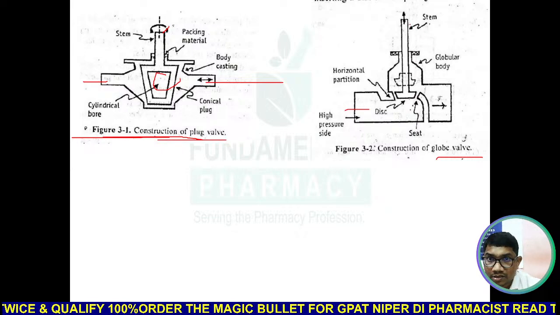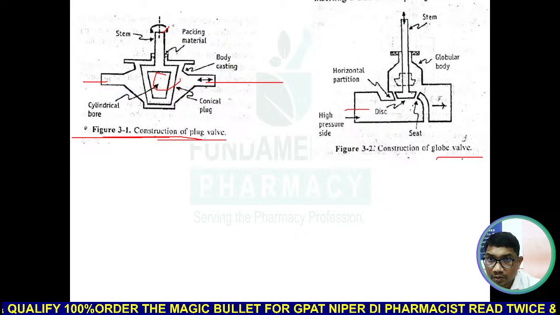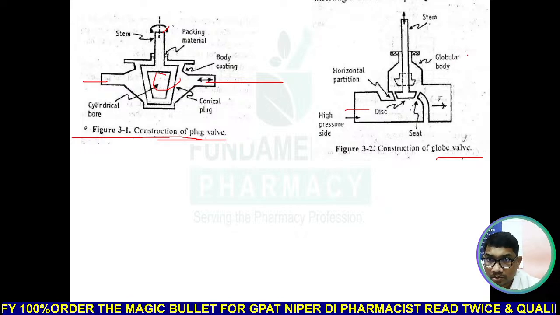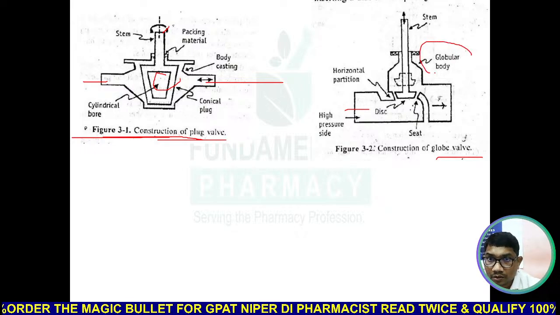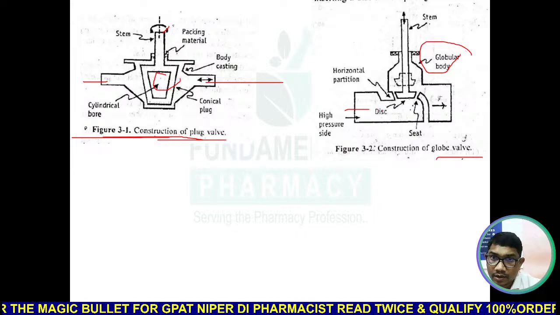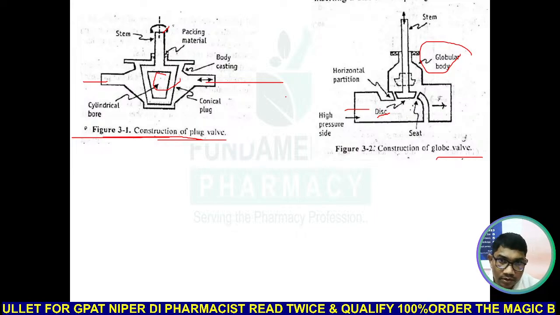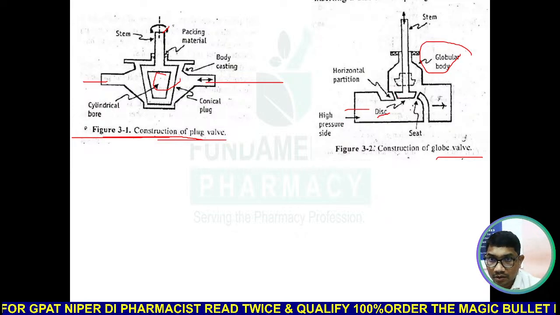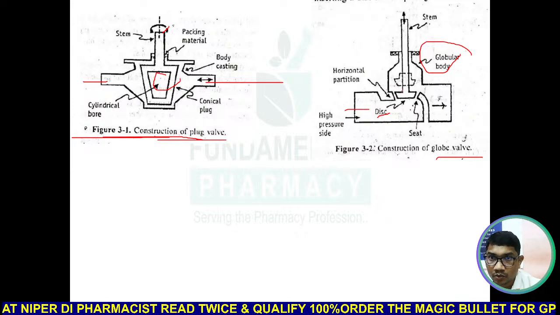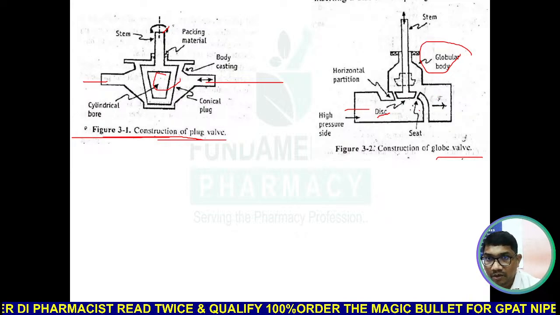When you turn this, it consists of a globular body and a disc. When you rotate the disc, at that time the valve will open, and then it will be closed like this.